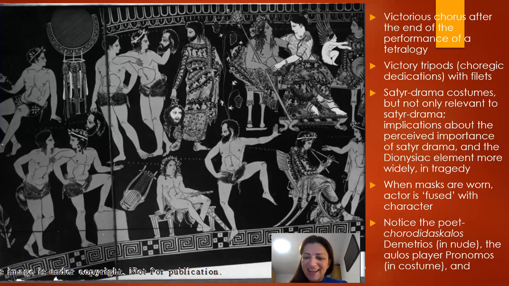Here it's almost like he is the equivalent of a business suit. So it is actually very honorable that he's shown in the heroic nude here. Please do not perceive him as just the poet, as in somebody who only composes, but as we know, the poets of Greek dramatic performances were involved in the training of the chorus, which they often did themselves.